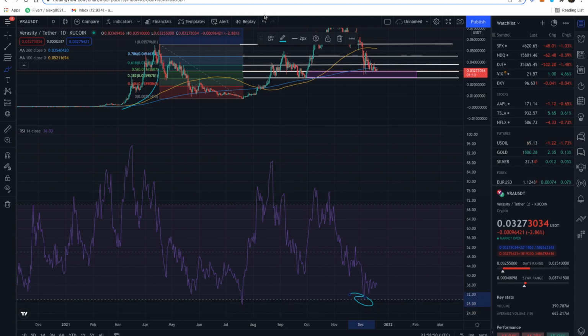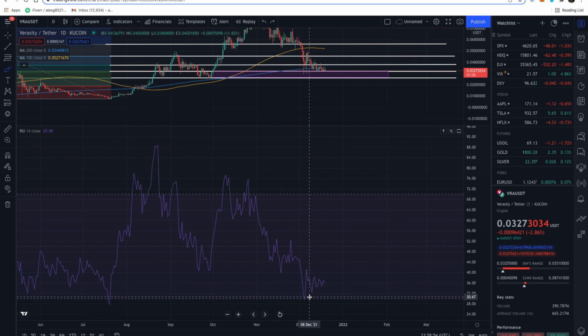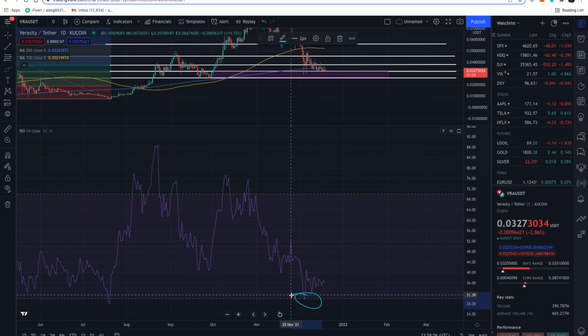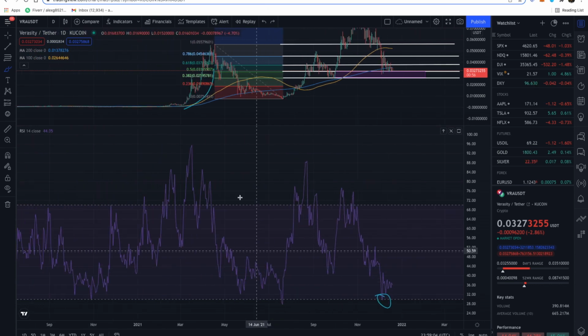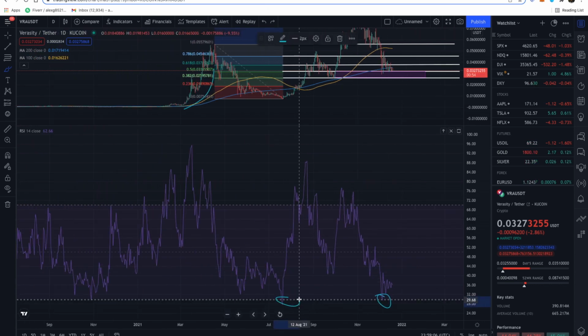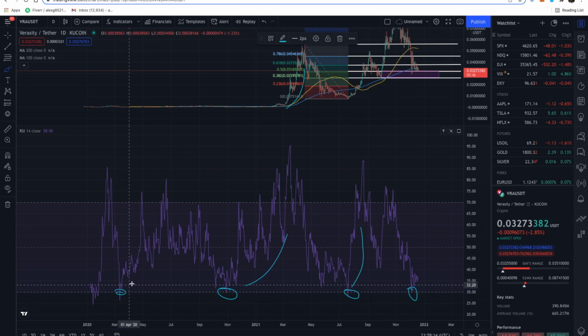But what I want to point out is that we recently bounced off of the oversold 30 RSI marker, and now we're consolidating above right around 35. And every time that we have bounced off of the 30 RSI marker, we have seen a significant move to the upside. So, hopefully that gives us an indication of where we might be headed soon. Who knows?